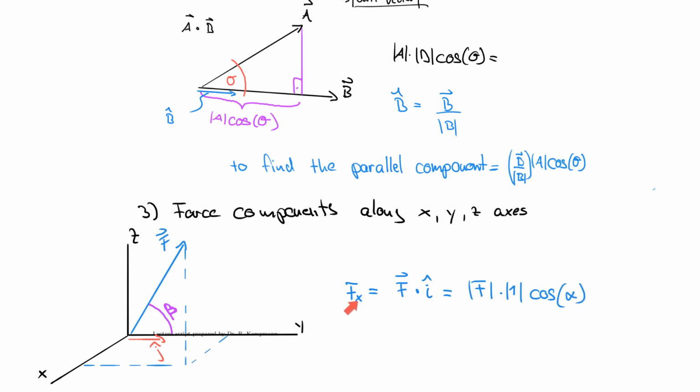So here I said Fx, and here I used beta, so let me fix that. Fy would be equal to F dot j, which then would be equal to F magnitude times 1 times the cosine of beta. And for the last angle here, gamma, it would be the same concept.